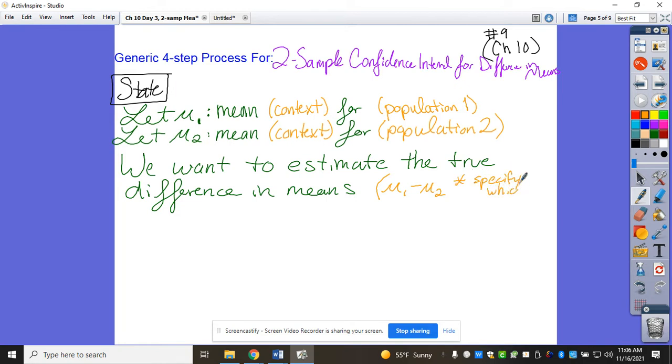So if I am specifying which direction I'm subtracting. And then how does that always end? With whatever percent confidence level.